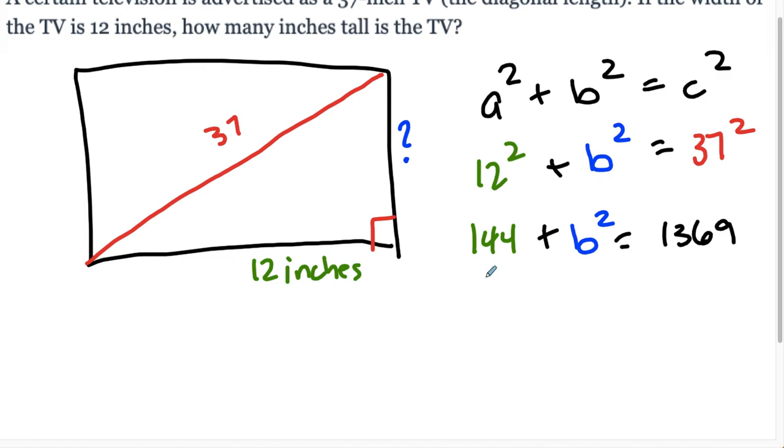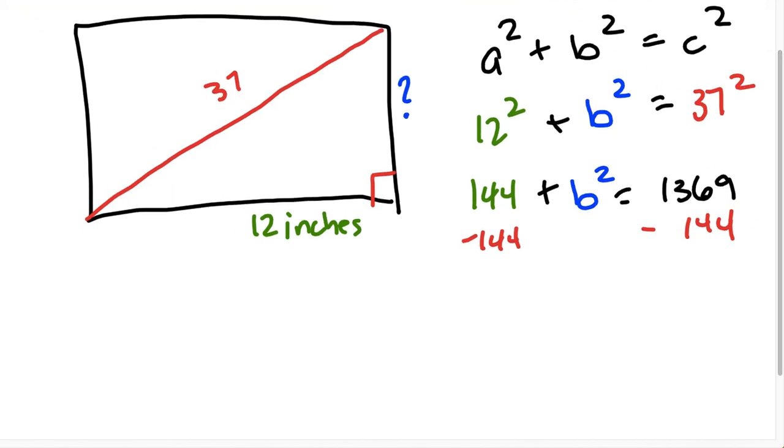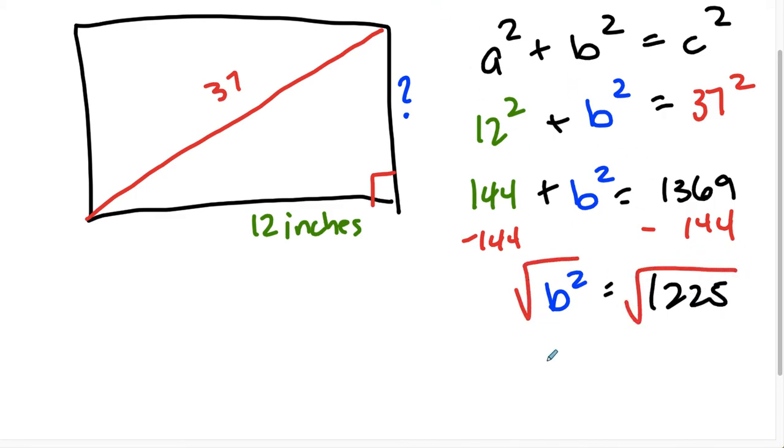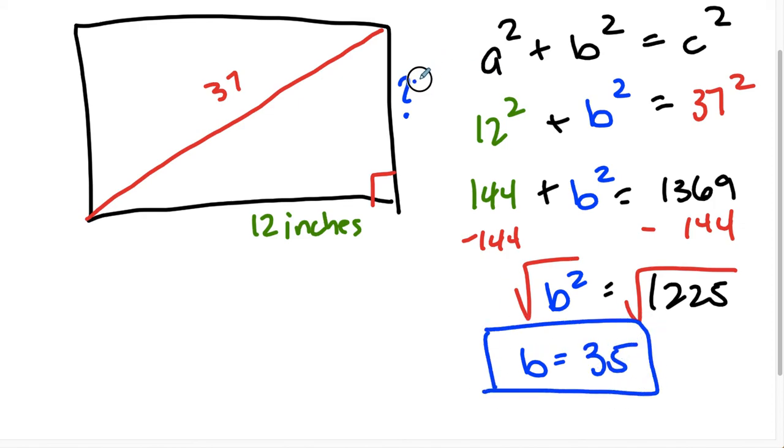Now we're going to subtract 144 from 1,369, and we have b squared is equal to 1,225. Same final thing, we need to take the square root of both sides. So b is equal to the square root of 1,225, which is 35. So this is 35 inches high. Okay, and that is it. Thank you for watching.